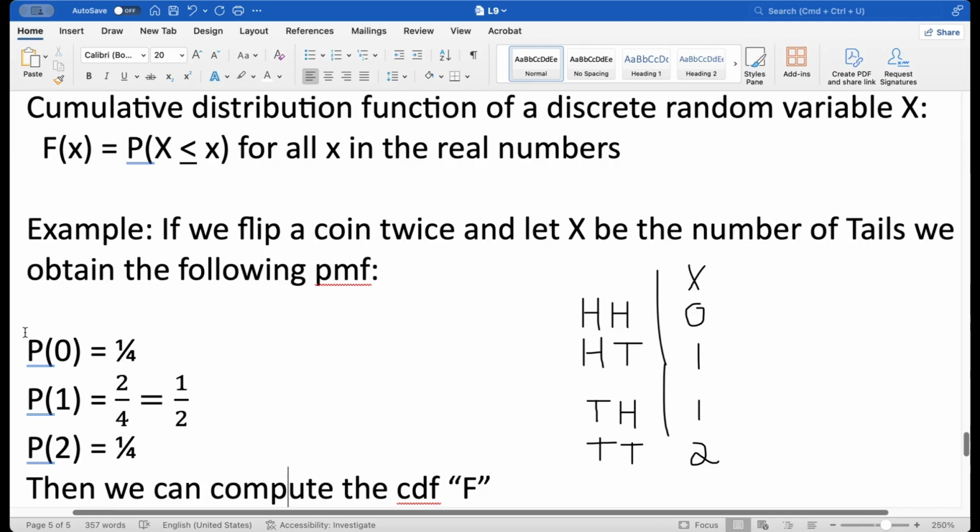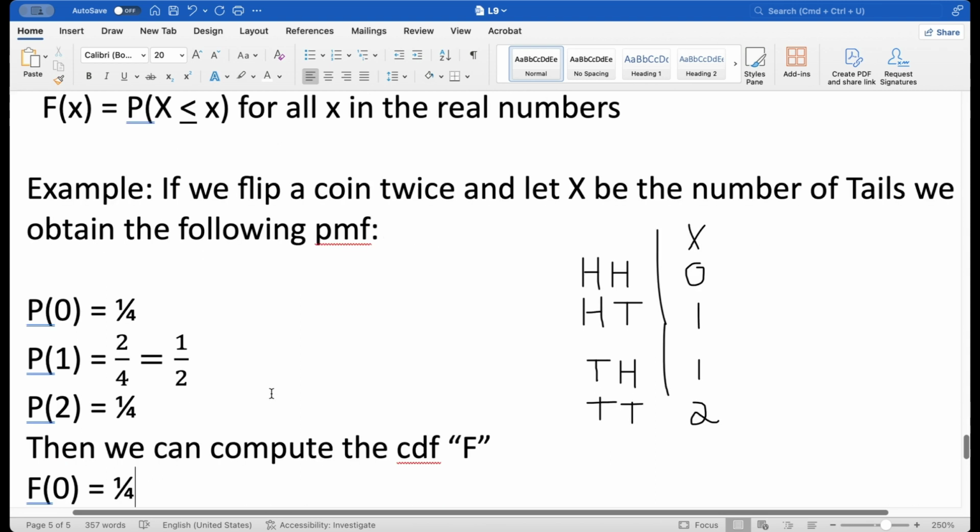So the probability of a 0 is 1 out of 4. The probability of 1 tail is 2/4 or 1/2. And the probability of 2 tails is 1/4. So that's our probability mass function. To find the cumulative distribution function, we do the running total. So F of 0 is 1/4.